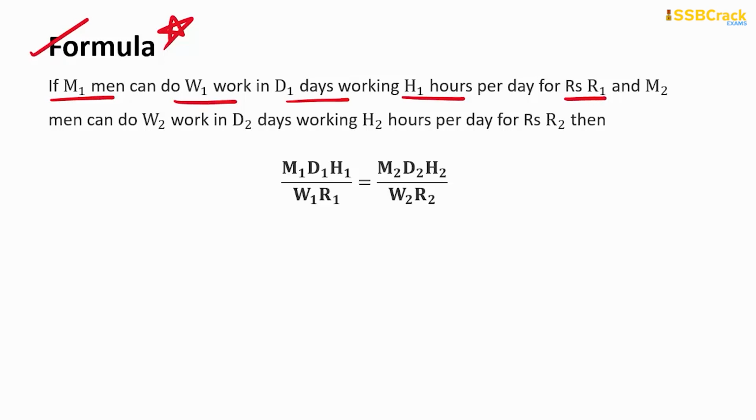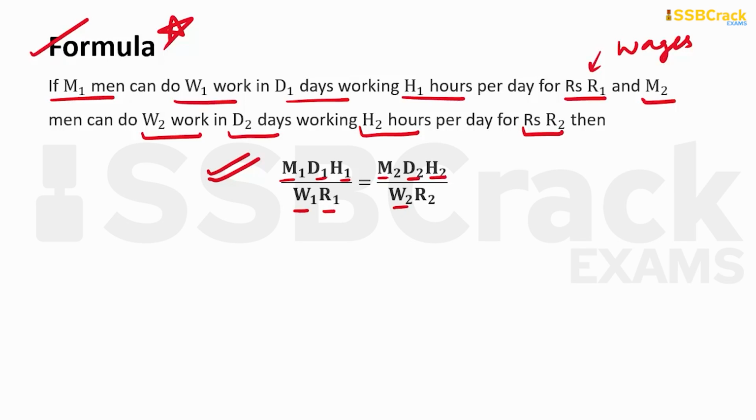And M2 men can do W2 work in D2 days, working H2 hours per day for rupees R2, right? Here R1 and R2 are the wages that they are getting for their work, right? Then we can directly use this result, that is M1 D1 H1 by W1 into R1 will be equals to M2 into D2 into H2 by W2 into R2, right?